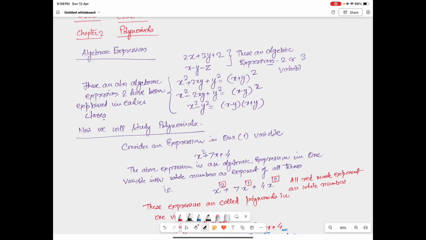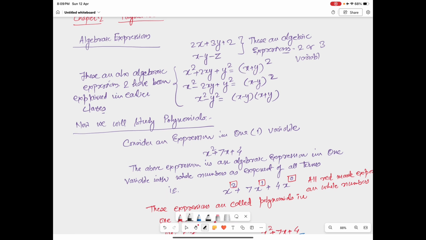You would have already known from your previous classes, class 6, 7th and 8th, about algebraic expressions in x and y. Suppose there is an algebraic expression 2x plus 3y plus 2, or x minus y minus z, and you would have read that (x plus y) whole square is x square plus 2xy plus y square, and x square minus 2xy plus y square is (x minus y) square.